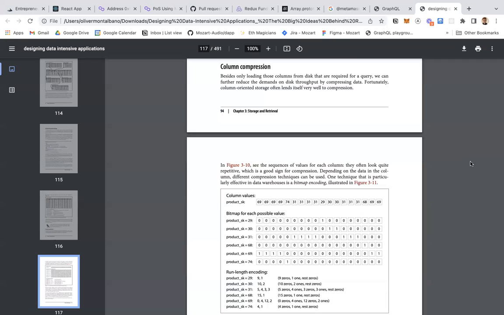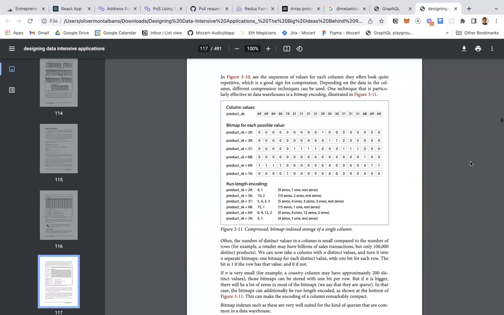Okay, here's another cool part. It says, besides only loading those columns from disks that are required for a query, we can further reduce the demands of the disk throughput by compressing the data. So I'm pretty sure there's a lot of different ways to set this up.